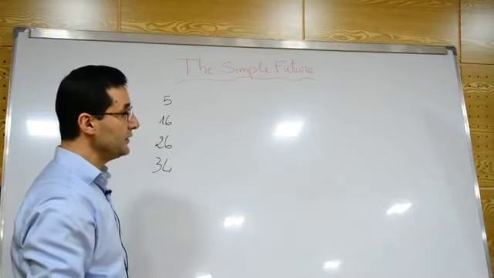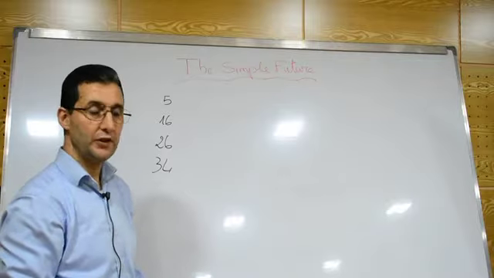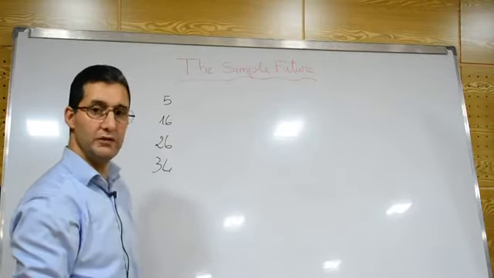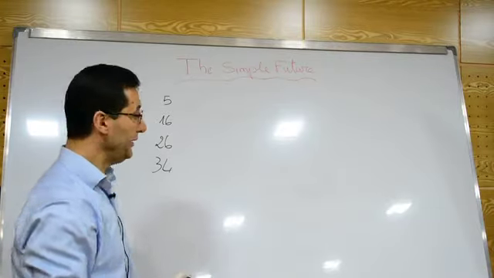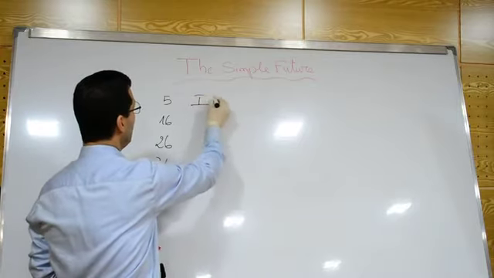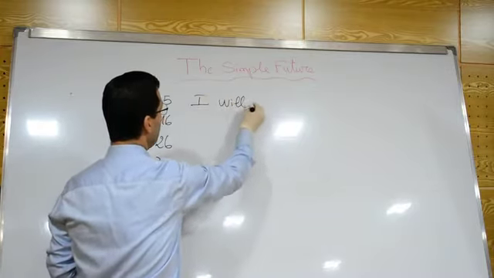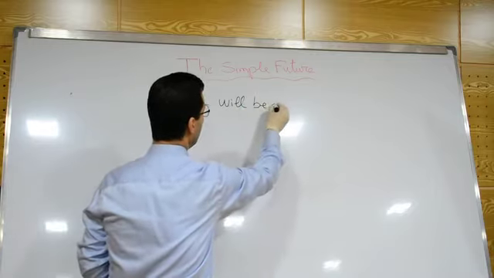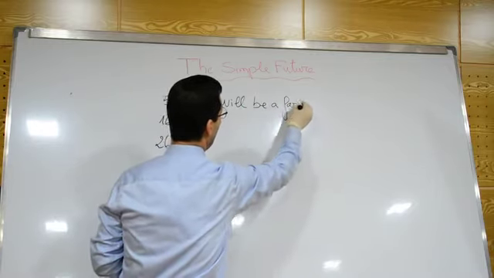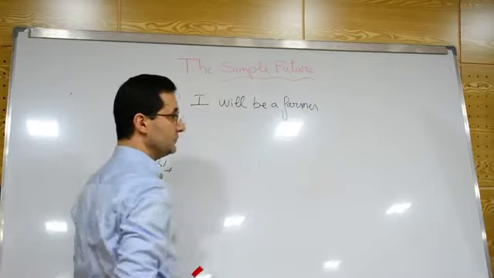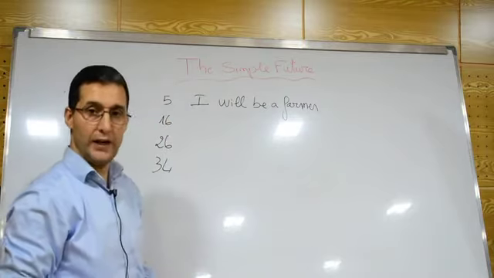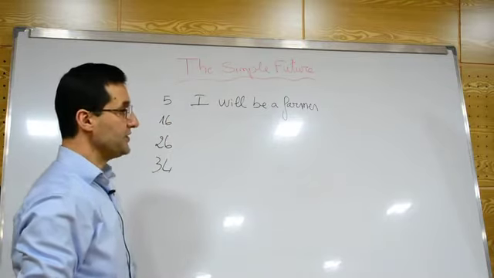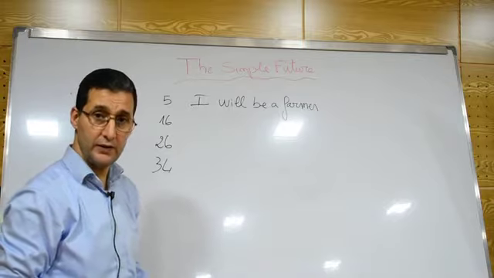Okay. So, number 5. The word we have in number 5 is farmer. Then, I will be a farmer. In the second column, we have the word number 16, which is active.